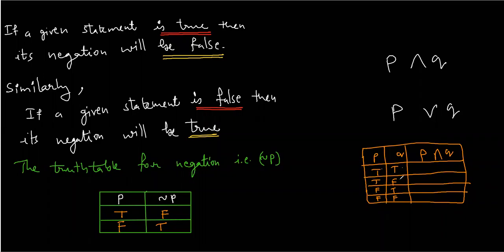Both true. P true, Q false. P false, Q true. Both false. But here there is no Q, so there will be only 2 rows, T, F. We have only P, so P can either be true or false. That's it. I hope this is clear.